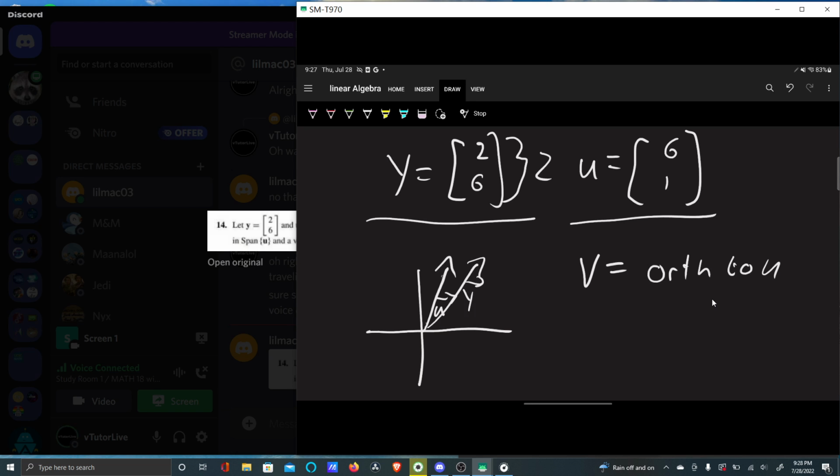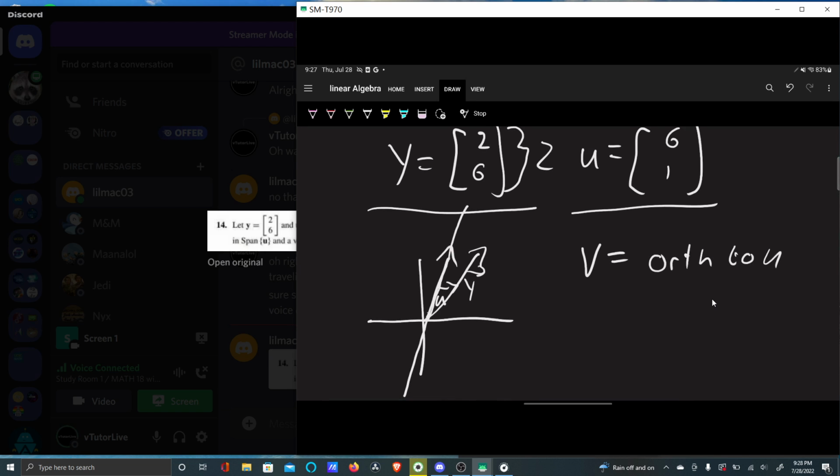The idea is that u spans a parallel line, and if we come up with a vector orthogonal to u, let's call that v, we should be able to express y as a linear combination of u and v.